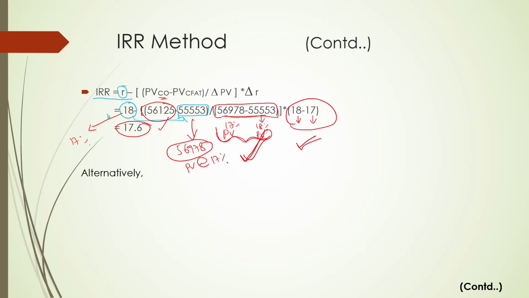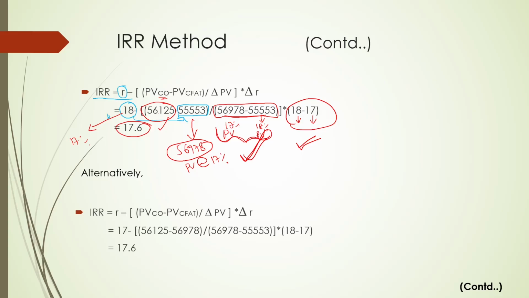Clear? Now let us see the solution. 56,125 same, 56,978 at 17%, denominator is the same, and delta R is also the same. This also gives you the same, that is 17.6.